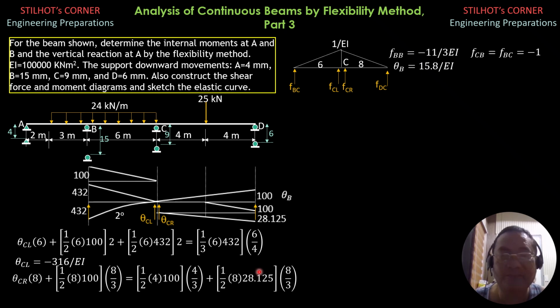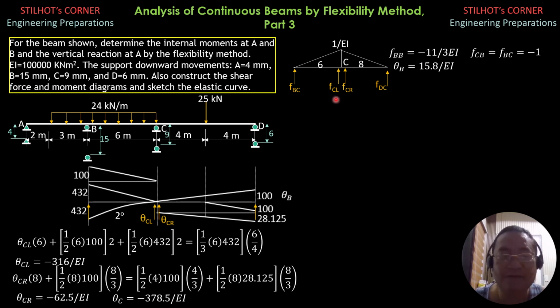This 28.125 is the side sway moment for portion CD. We already computed that from the preceding slides. Solving for theta C right is equal to negative 62.5 over EI. Therefore, theta C is theta C left plus theta C right, that's negative 378.5 over EI.